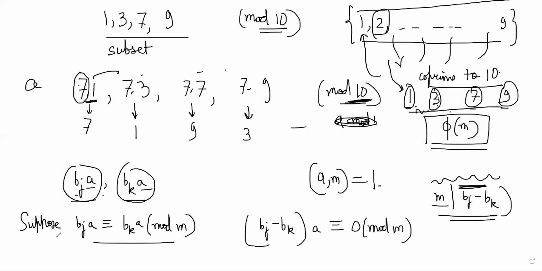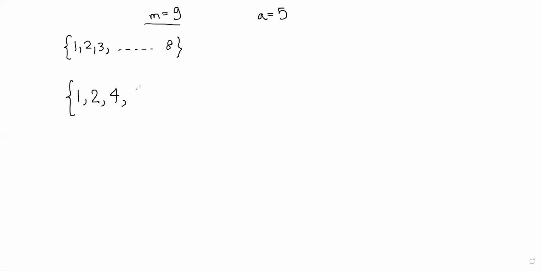Let's take another example. Let's take M as 9 and A as 5. The full set of remainders is 1, 2, 3 till 8. The set of remainders that we will be using is 1, 2, 4, 5, 7, 8.